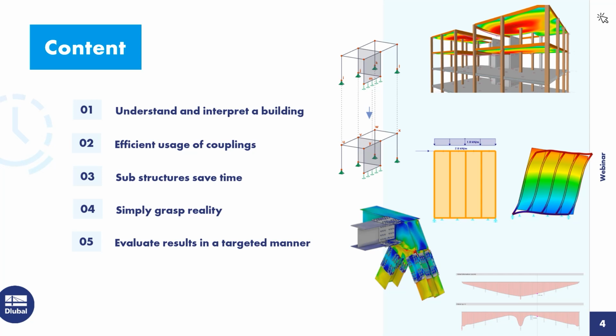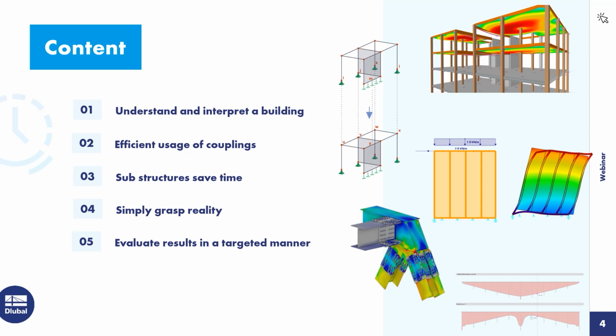For this I selected, let's say, 5 main points: understand and interpret a building, efficient usage of couplings, sub-structures save time, simply grasp reality, and finally evaluate results in a targeted manner. I know this point sounds pompous, but I selected this because there is some reality in the word, and I really selected the examples to show you why.